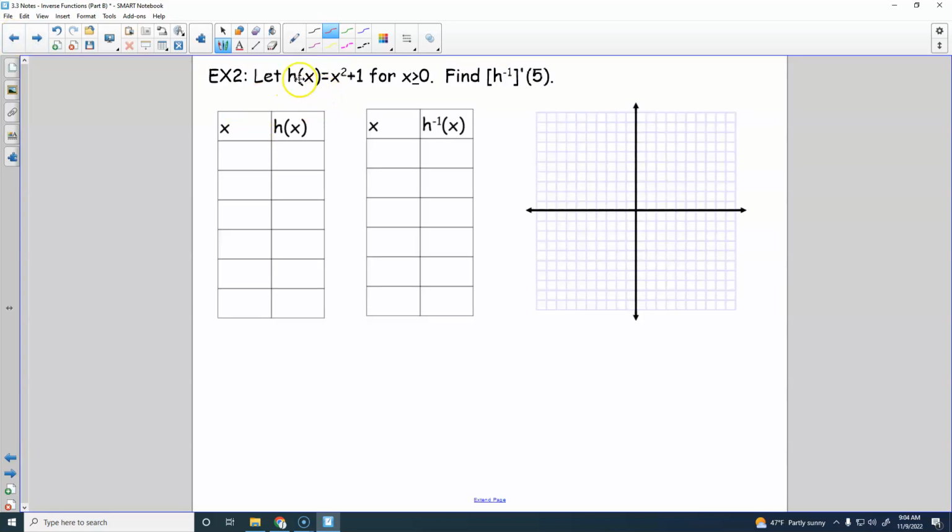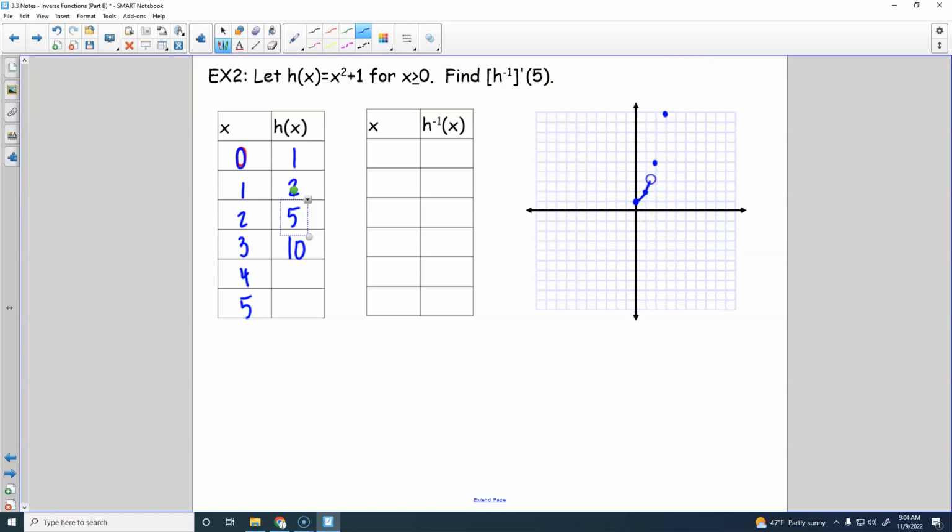All right, so if I've got h of x equals x squared plus 1, for x greater than or equal to 0, and I want to do a table here, I do 0, 1, 2, 3, 4, 5. It's probably going to go off the graph there, but 0 would give me 1, 1 would give me 2, I'd get 5, 10, everything else is going to go off of the graph. So I got (0, 1), (1, 2), (2, 5).